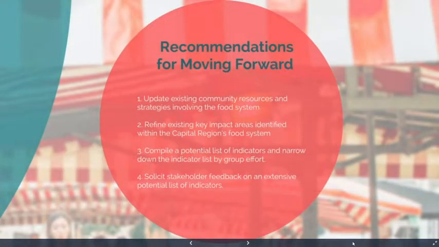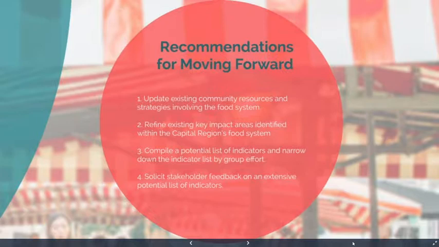From everything I learned from reviewing the literature and talking with stakeholders, I came up with 4 recommendations for the Food Metrics Working Group to move forward, and I outline these in my progress report. The first recommendation is to update existing community resources and strategies.